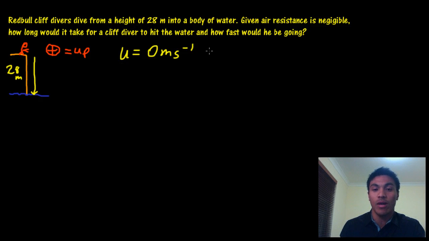Acceleration, when you're talking about up and down motion, you're going to have the acceleration due to gravity, and that is going to be very constant at the sort of heights that you'll deal with, and it's 9.8 meters per second per second.